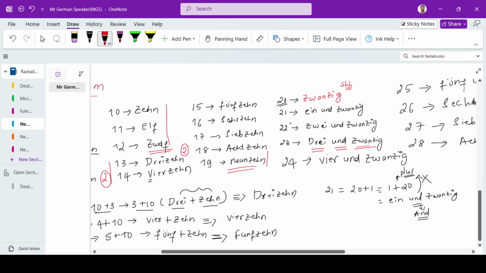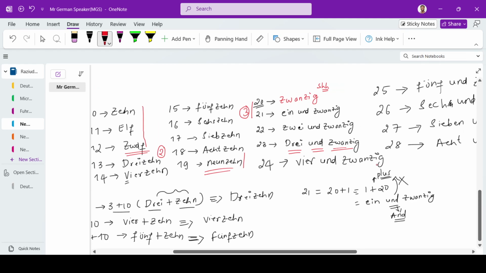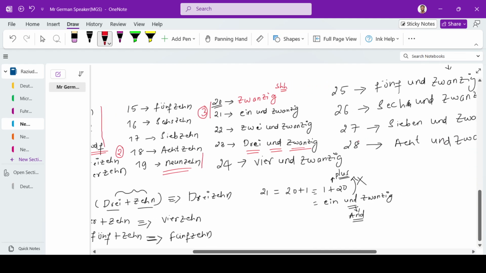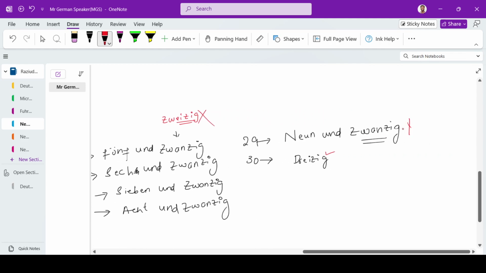Then trick number 3 starts from here: 20, 21, 22, 23, 24. Okay. Sometimes you say zwanzig or sometimes you say zwanzig with a different pronunciation. At the moment you are in A1, so it's fine. You can use them. However, the right form is zwanzig. So try to use it in a proper way. So rule number 3 starts from here and it ends at 29. So rule number 3 ends here.